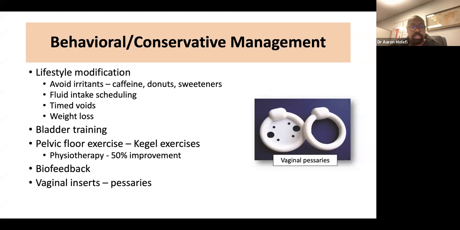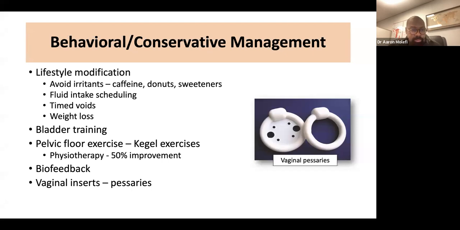Weight loss is very important because we know obesity affects both stress incontinence and urge incontinence. We saw that obesity is one of the risk factors, right? Bladder training is important. Pelvic floor exercises, the Kegel exercises, physio alone, has been shown to improve the symptoms of urinary incontinence by about 50%, right?